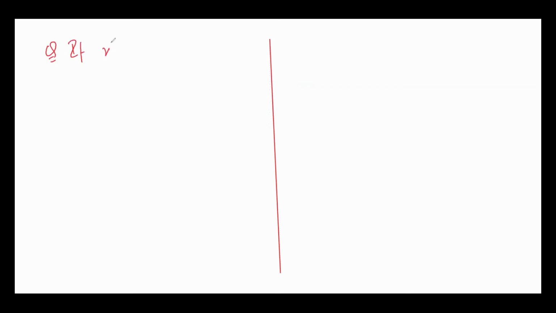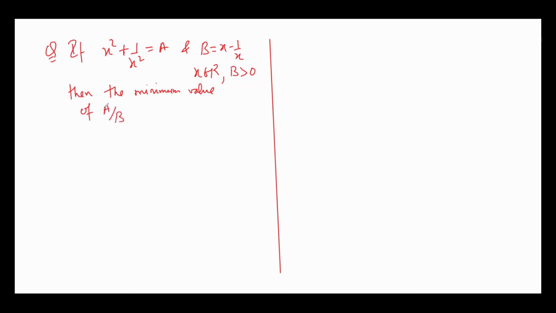If they have given us x square plus 1 upon x square is a, and b is x minus 1 by x, where x belongs to R, then the minimum value of a by b.